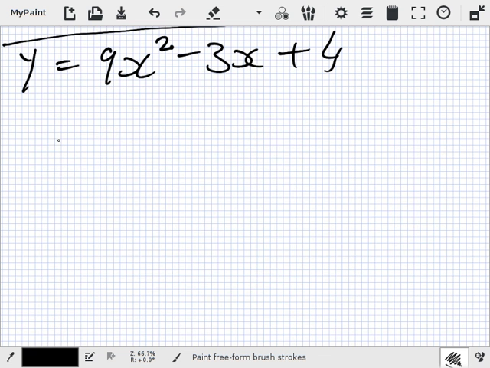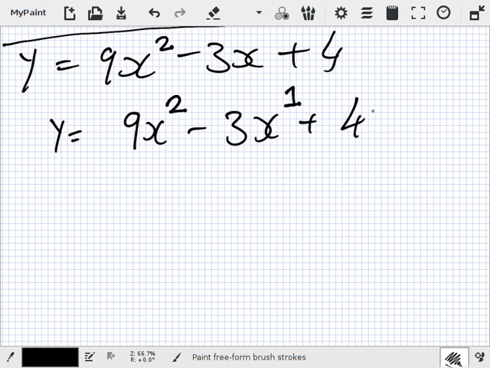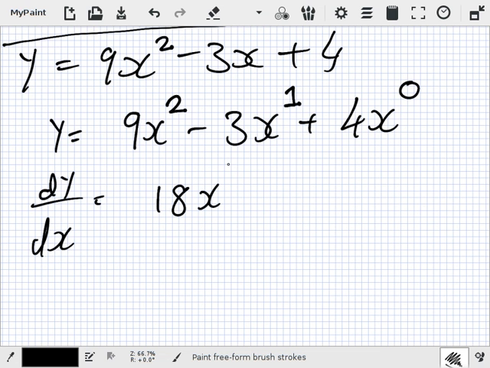Okay, so before I begin, let's clean this up a little bit. This is 9x squared. This is 3x to the 1. And this is 4x to the 0. According to my rule, the derivative should be this. It should be 18x to the 1, minus, now if I bring the 1 down, 3 times 1, 3, and what power do I have now? 0.